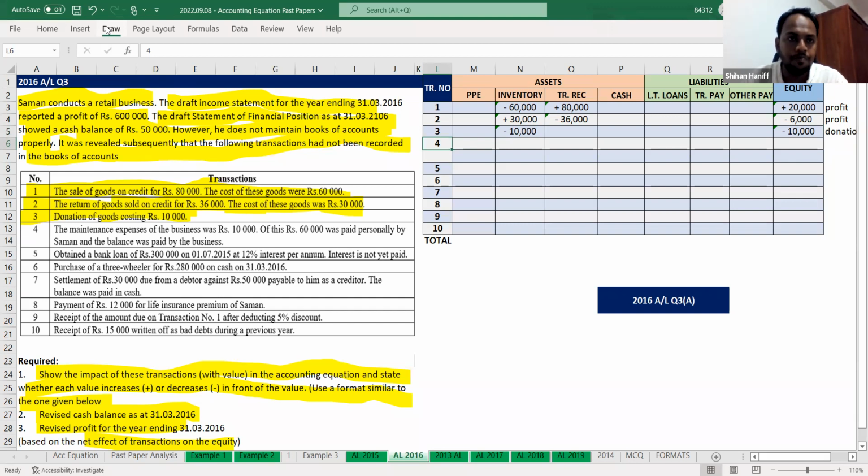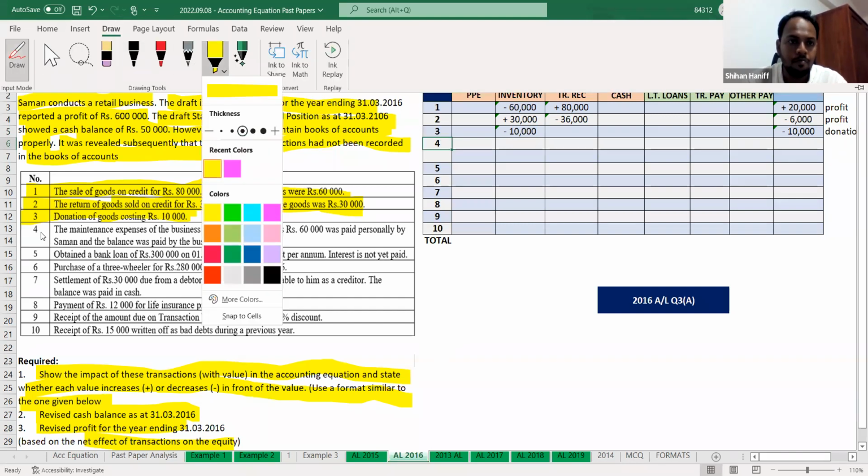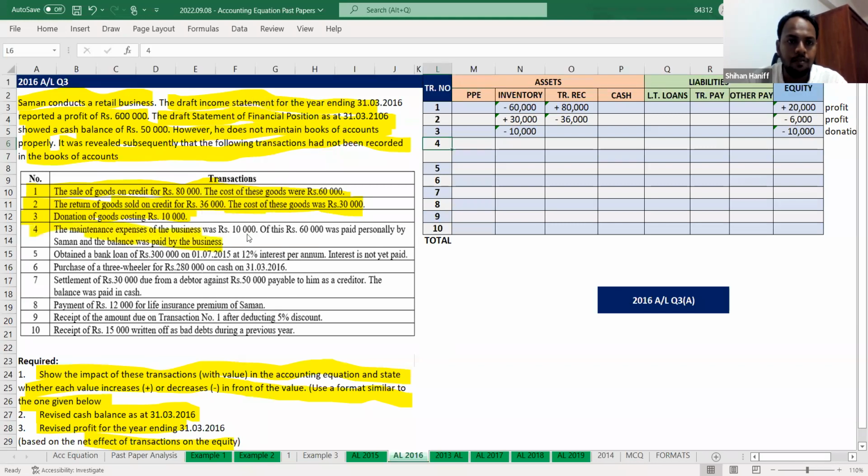Number 4. The maintenance expense of the business was 10,000. Of this, 60,000 was paid personally by someone, and the balance was paid by the business.